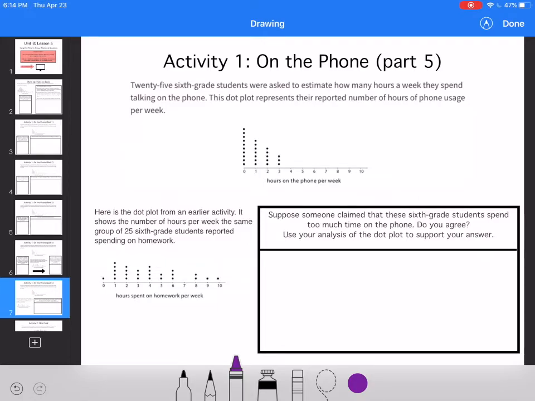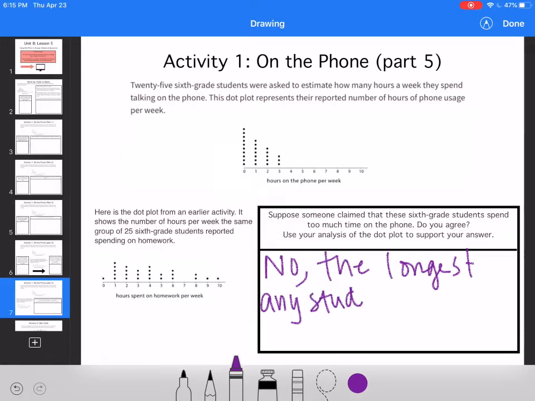So I would say no. The longest any student is on the phone is 3 hours per week.